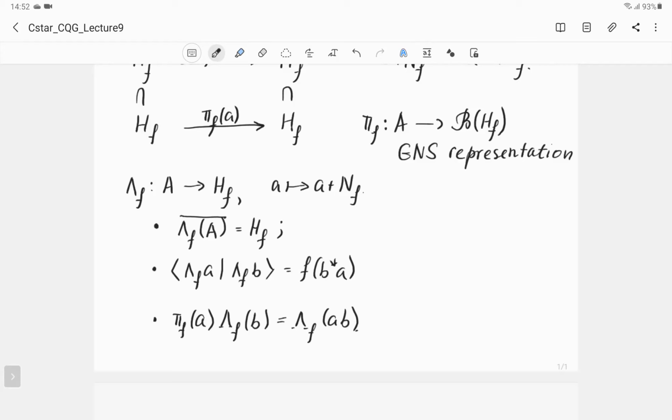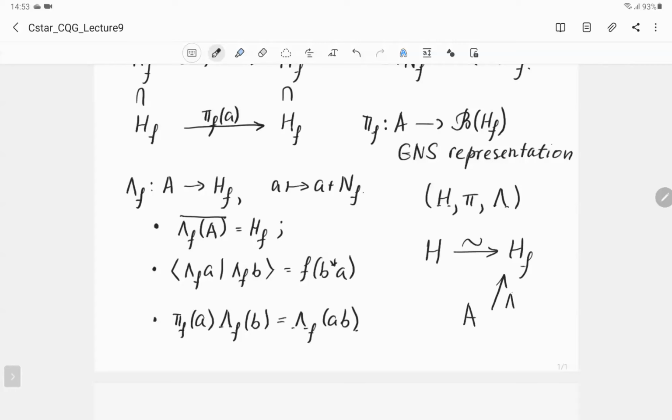In other words, we have proved that if we have a triple consisting of a Hilbert space H, a star representation pi of A on H, and a linear map lambda from A to H, such that lambda satisfies these conditions, then it turns out that there is a unique unitary isomorphism of A-modules between H and H_f, such that the following diagram commutes.